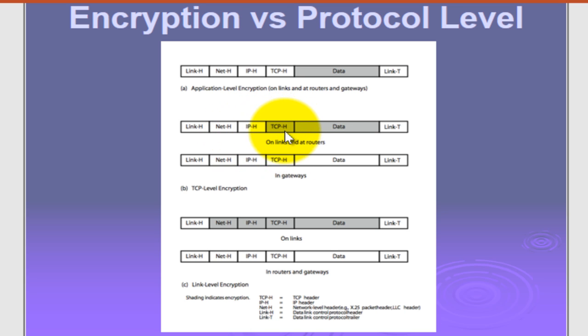You have to protect only the TCP header and data. Whereas at the application level, you need to protect only the data. There is no need to protect the TCP, IP and everything. So as you go to the upper layers in OSI, the data protected becomes less. Okay, the reason is you are providing link encryption.